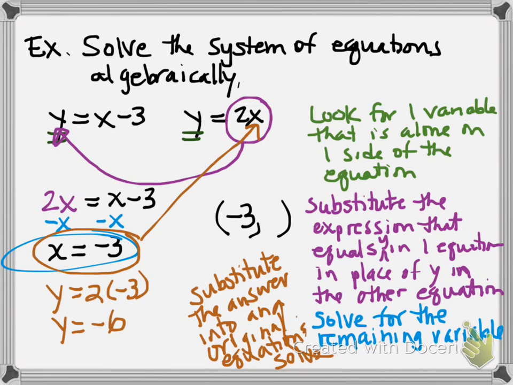So we can't solve an equation when there's two variables present, but if I can get from two variables to one variable, then I can solve it. So what I just figured out, this point is going to tell me the solution to the system. This point is where the lines intersect.